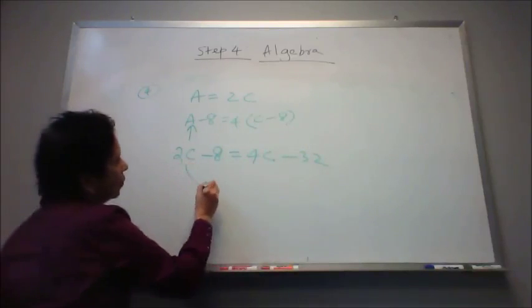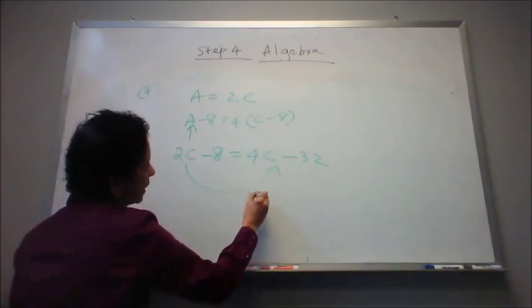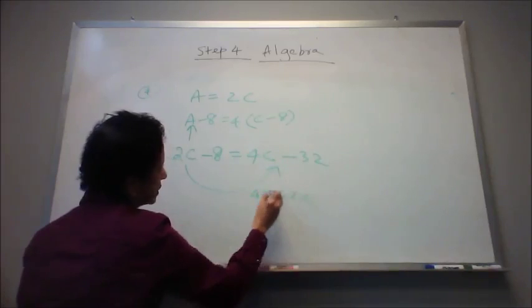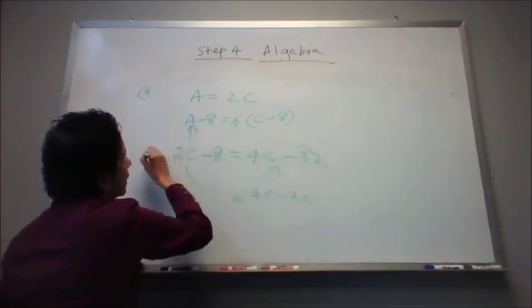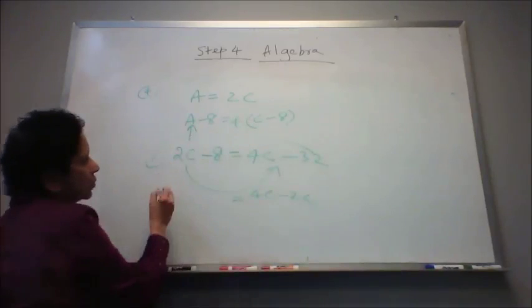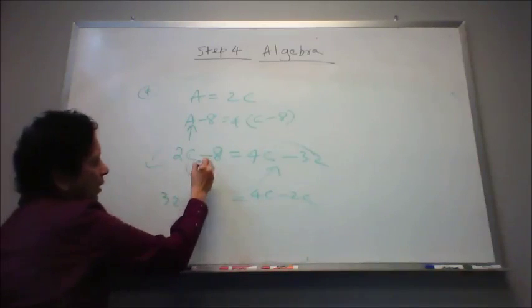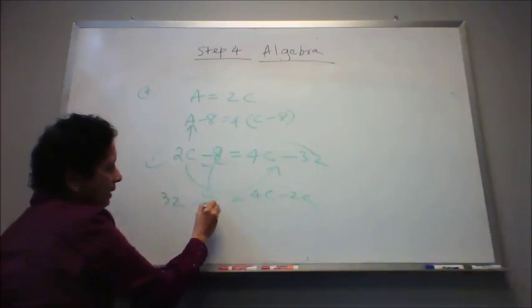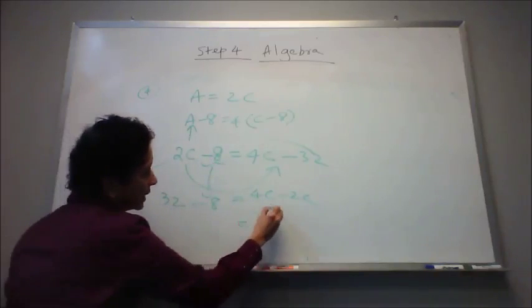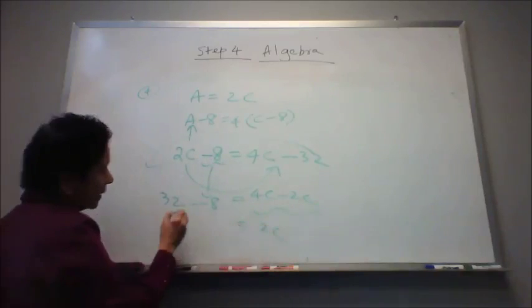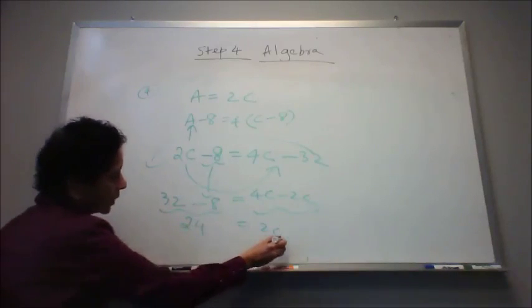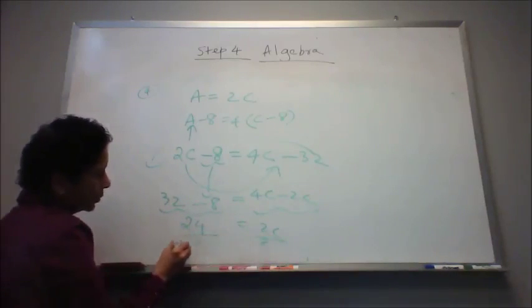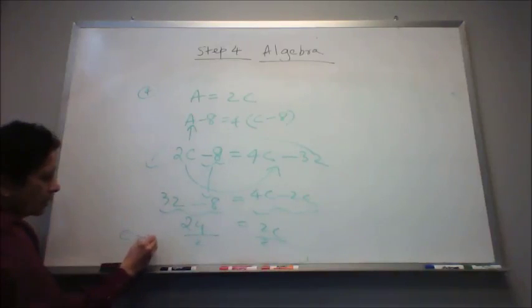So I can move this 2C to this side, so it becomes 4C minus 2C, sign changes. And then this number, I'm moving it over here. So minus 32 will become 32, and then I already have minus 8 right here, right? So on the right-hand side, I have 2C. On the left-hand side, I have 24. So I divide both sides by 2. So C equals 12, okay?